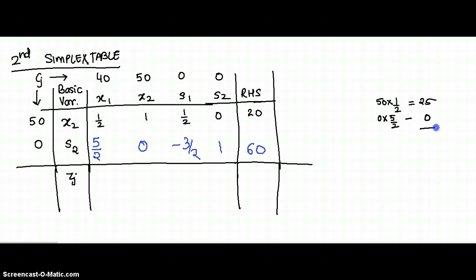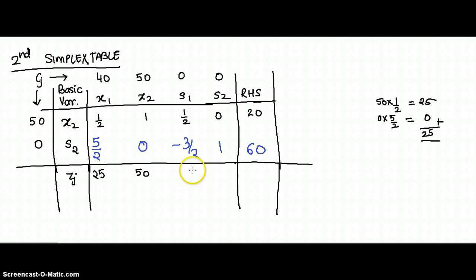That will give you 0, and add them. That will give you 25. So we'll get 25 here. Similarly, to calculate here, it is 50 multiplied by 1, that is 50, plus 0 into 0. It will give you 50.